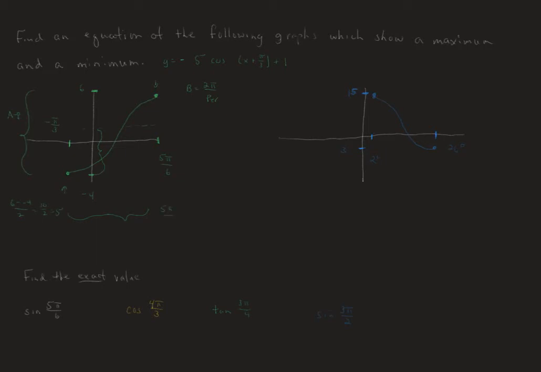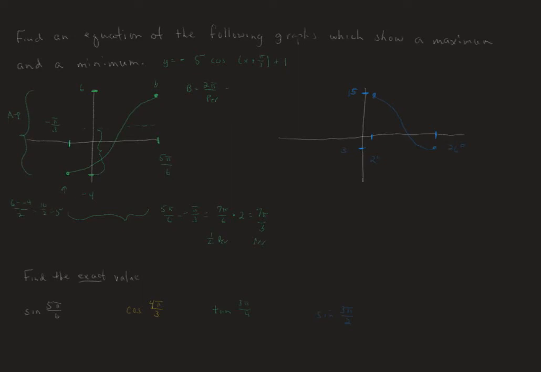So 5π/6 minus the -π/3. Let's see, π/3 is 2/6. That's 7π/6. That's a half period. So if we multiply that by 2, we can cancel, and 7π/3 is the actual period.